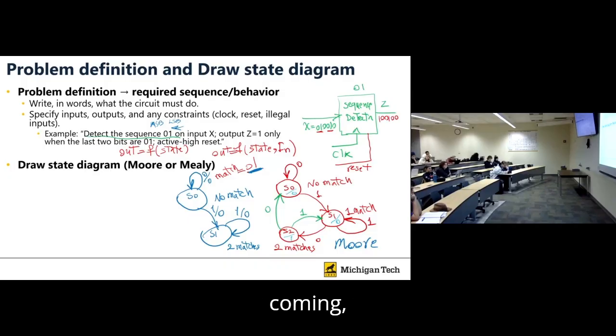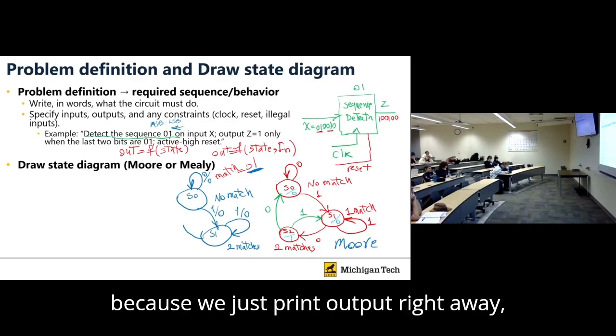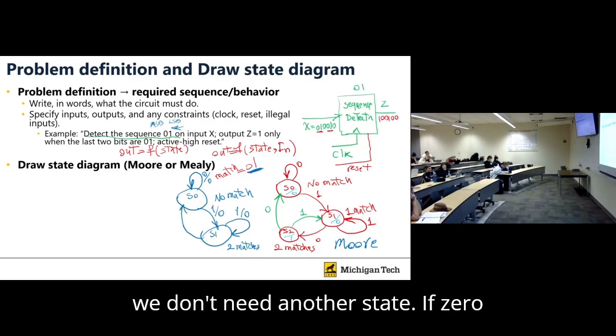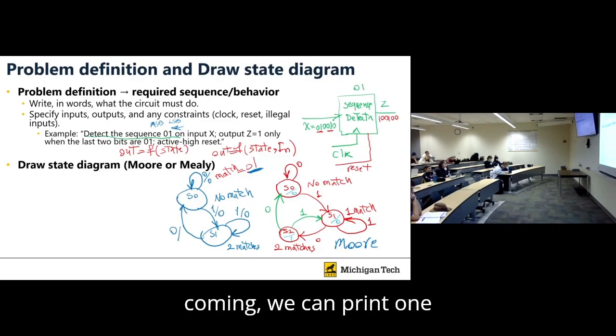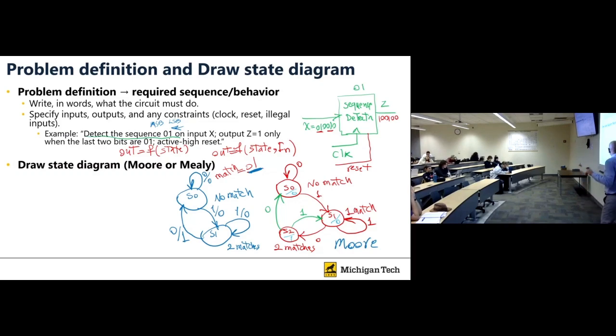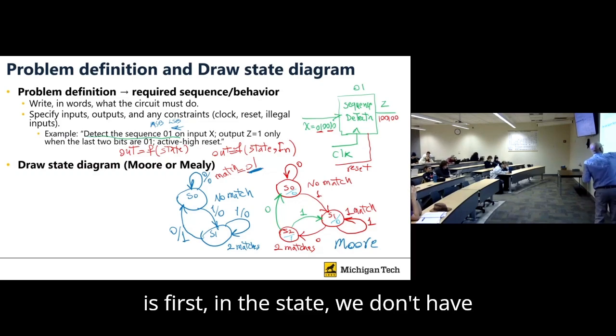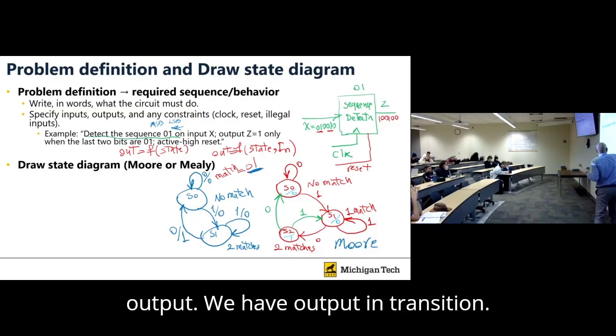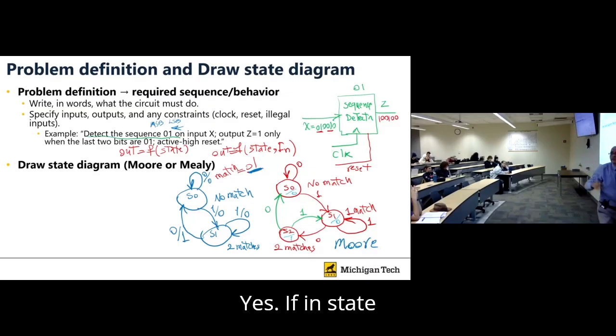But if 0 comes, because we just print output right away, we don't need another state. If 0 comes, we can print 1 and go back to state 0. So the difference between this and that is, first, in the state we don't have output, we have output in the transition.